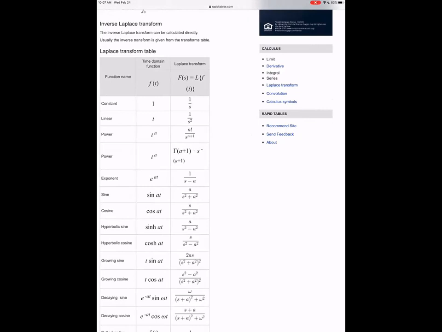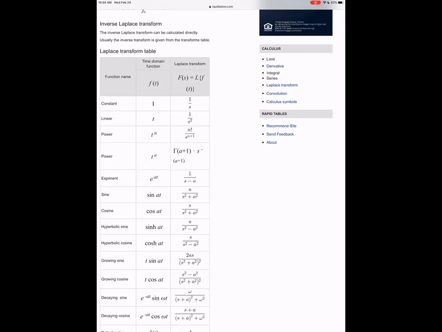That would be exponential increase if a is a positive number, and that transforms to 1 over s minus a. So one of the things in electrical engineering is we don't have exponential growth, because if we did, we would blow up our circuit. So our systems, in order to be stable, are all characteristic exponential decay. So in that case, a would be negative, and it would be e to the minus at.